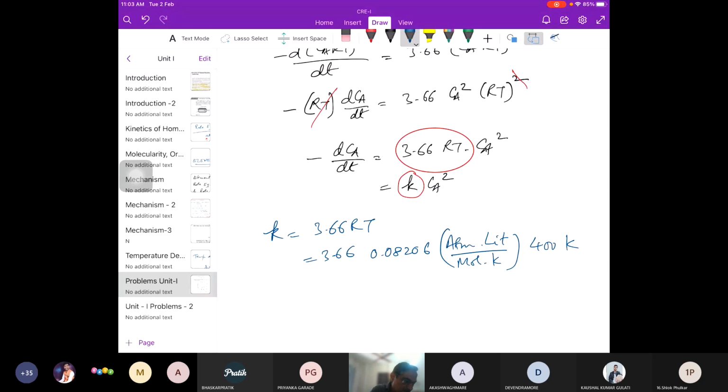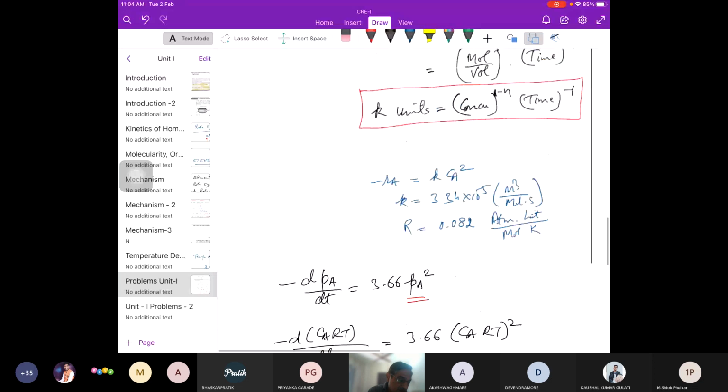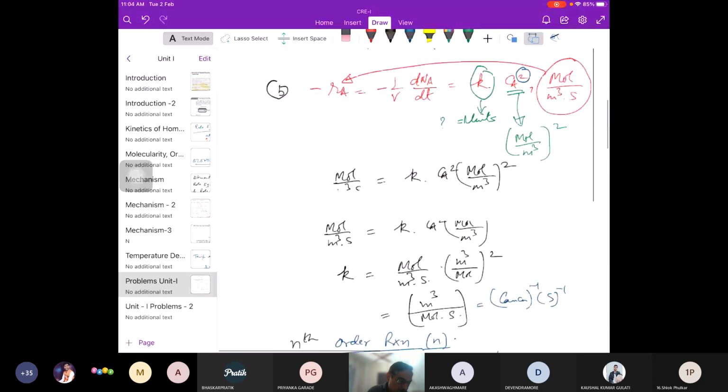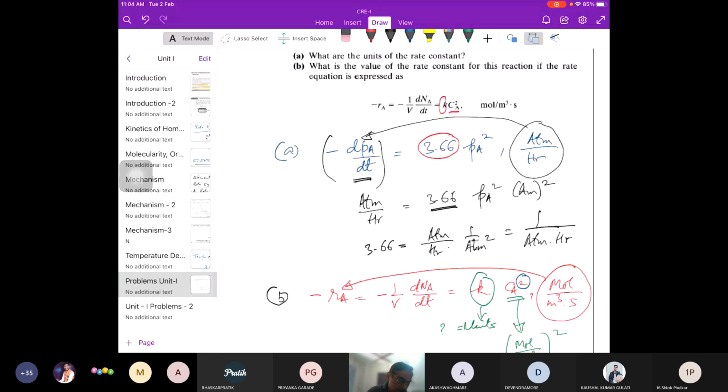Okay, one more thing we have to do here. Essentially, we have to put the units of this 3.66 also. What are the units of 3.66? The units of 3.66 is 1 upon atmosphere hour.